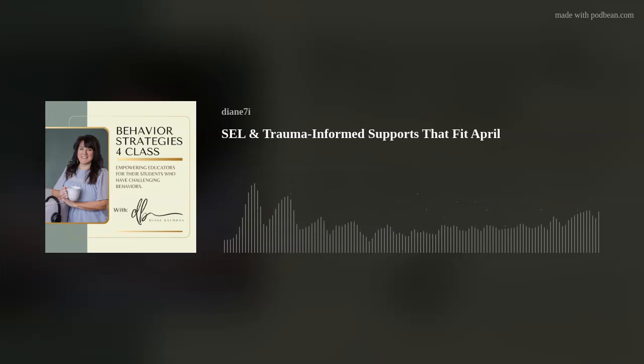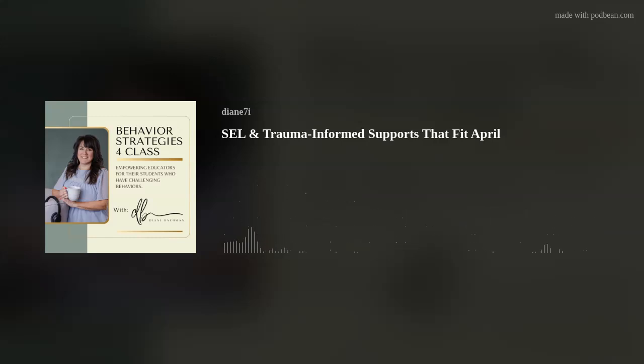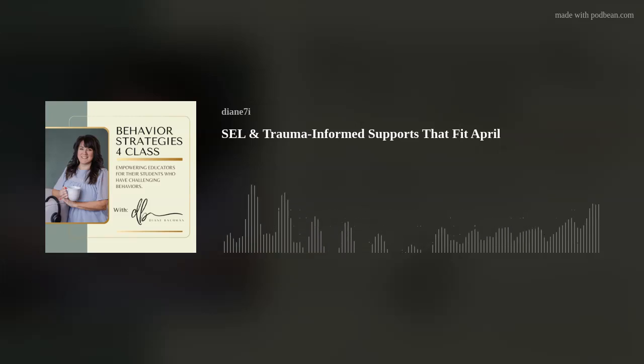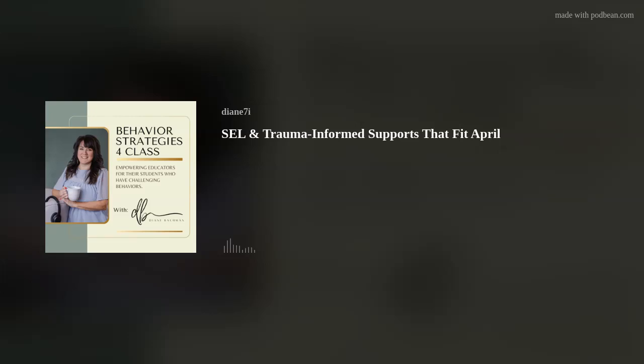So to recap, these are 5 SEL trauma-informed supports that will fit and help you in April. So number 1 is doing that spring reset. Number 2, getting that weather and emotion mapping. Number 3, getting those service projects, building community for Earth Day.